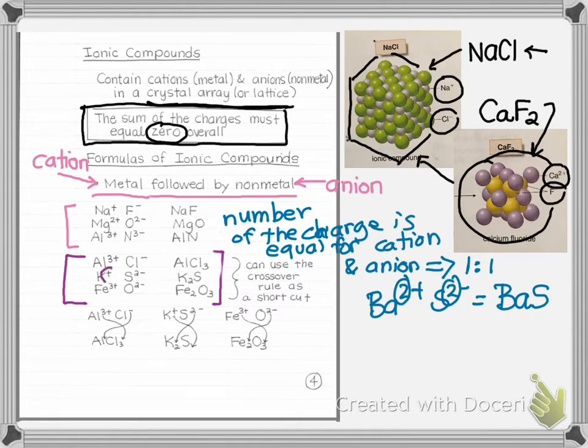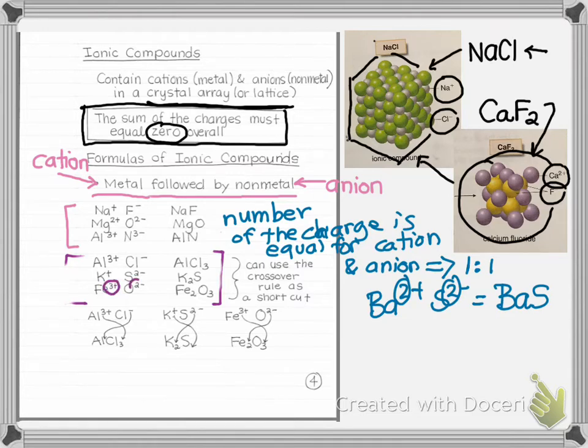This K has a 1 plus, and sulfide has a 2 minus. So to get those to be equal, I would need 2 of those, because that would give me a 2 plus and a 2 minus. So if you look at the formula, you say K with a 2 and then just an S, because you only need one of them. And on the last one, this would probably be the hardest to reason, maybe, especially for some of you.